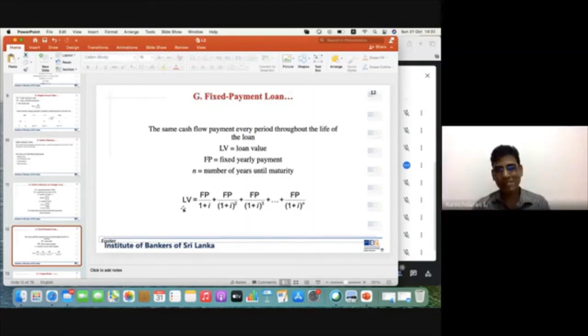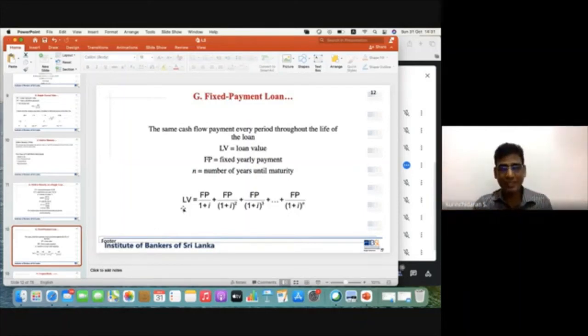Yes, sir. So again, I repeat it. I give you a loan today of 10,000, and you have an annual payment schedule, maybe 1,100 for 10 years. If we discount each and every future payment by 10%, that becomes 10,000.